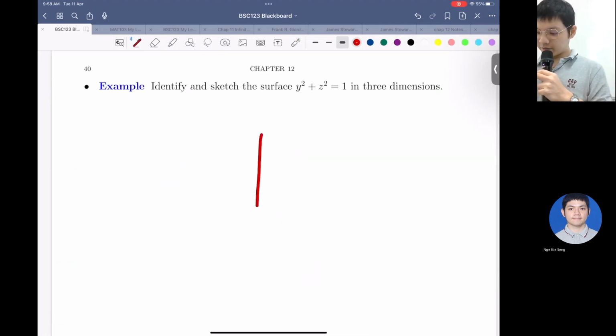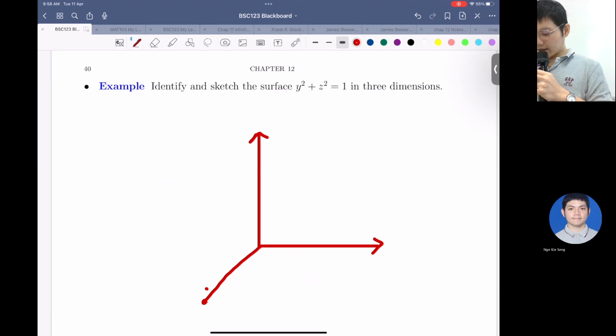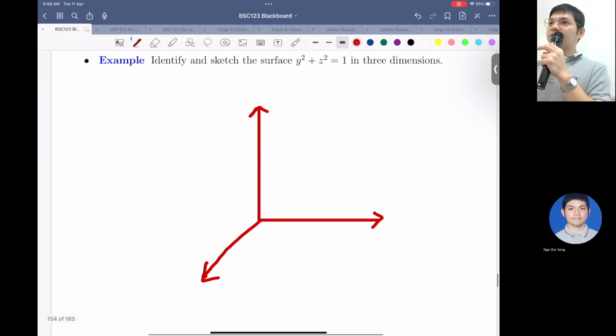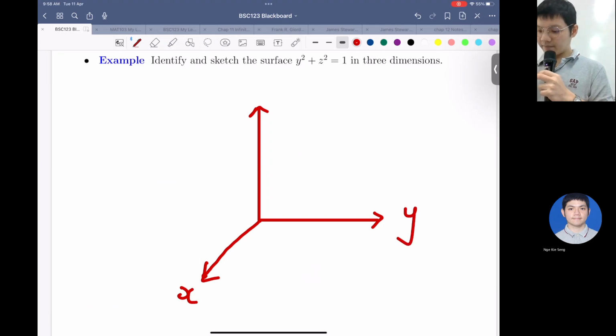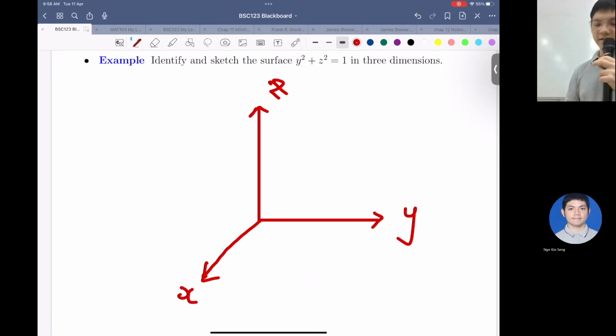Let's suppose we fix our axes. Our axes usually go counterclockwise, so it's x, y, z. How does this cylinder look like? It circulates around the x-axis.